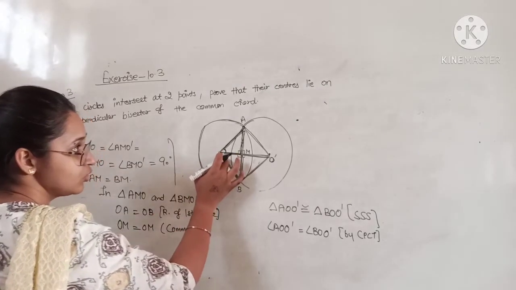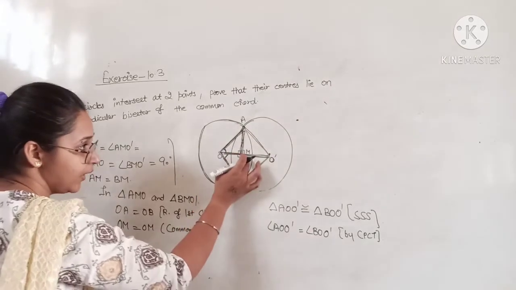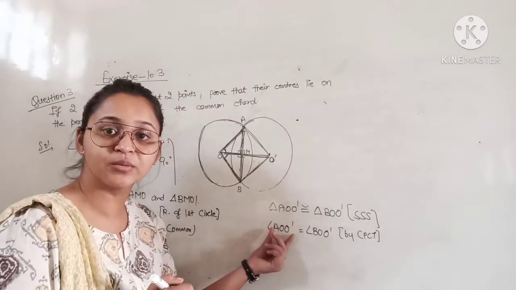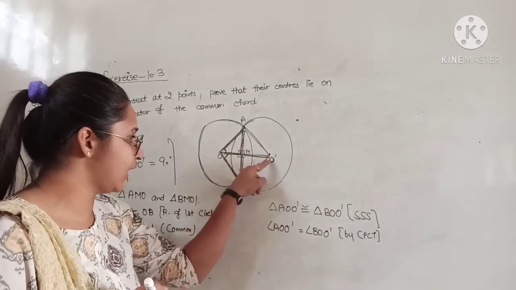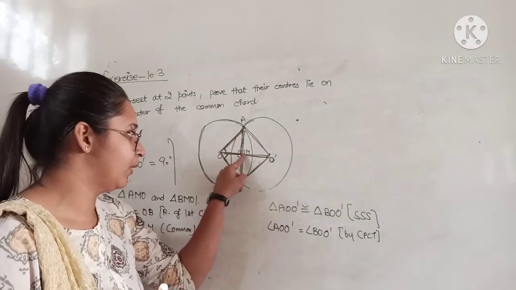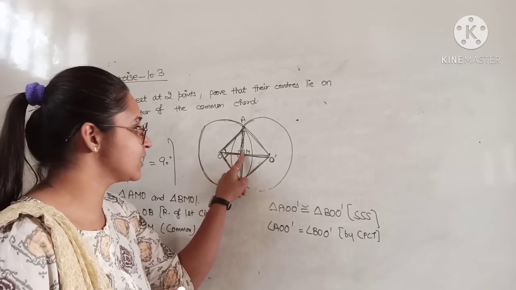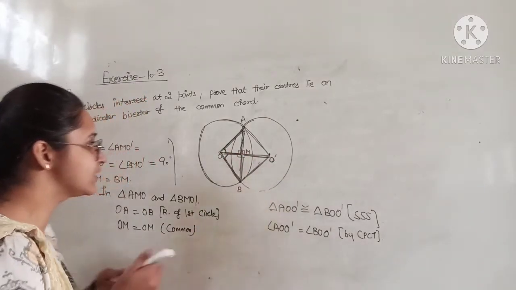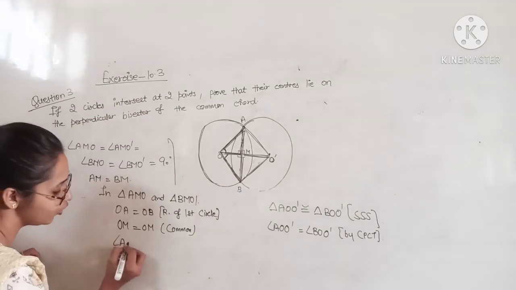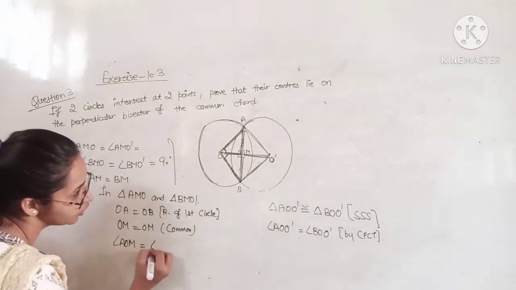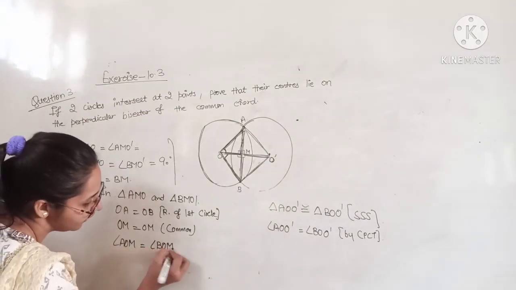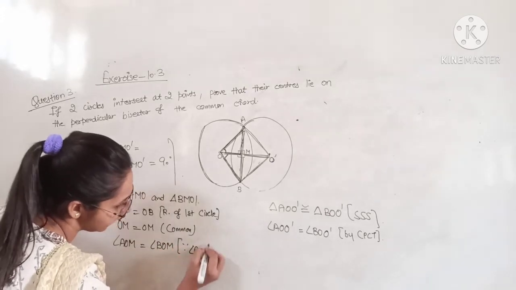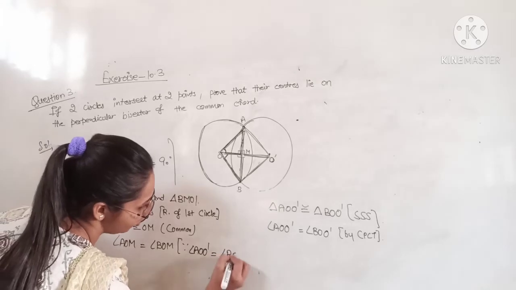Then you proved that this angle is equal to this angle, this AOM. Now you can say that this angle is AOO dash, but angle AOO dash or AOM will be the same. If you are extending M to O dash, there will be no effect on this angle. So you can say angle AOM is equal to angle BOM, because angle AOO dash is equal to angle BOO dash.